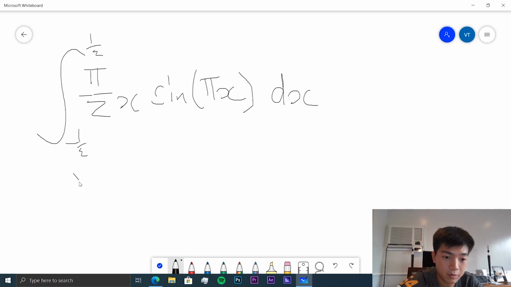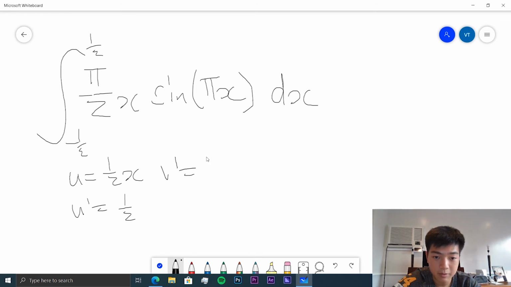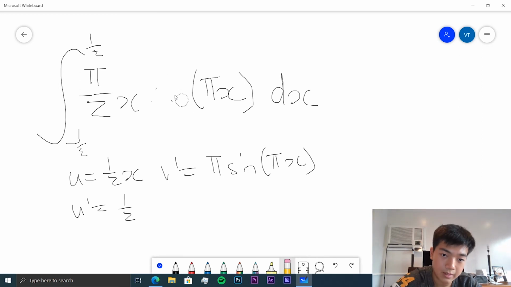So if we have u is equal to, I guess, 1/2 x, u prime is equal to 1/2. V prime is equal to pi cosine pi x. Is it sine or cosine? Oh, it's cosine. What am I doing? Sine was the derivative. Anyway, it should be cosine.